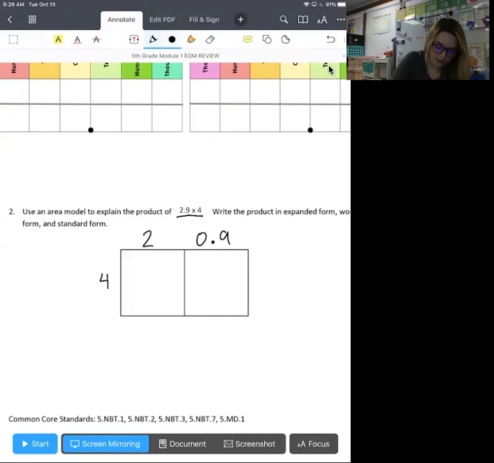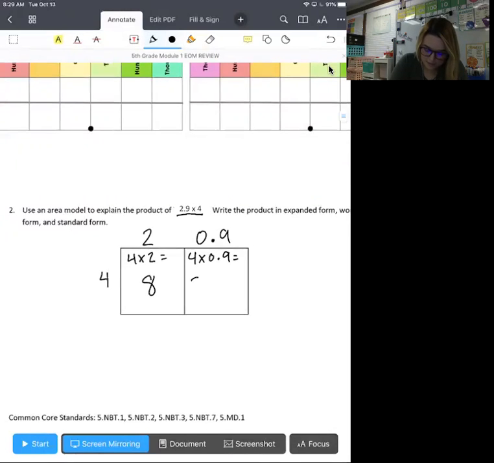And then we multiply. So we have 4 times 2 and 4 times 9/10. So 4 times 2 is going to give us 8, and 4 times 9/10 is going to give us 3 6/10. And then we add these together.